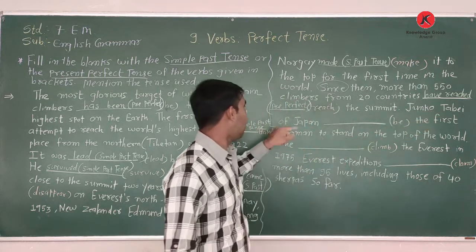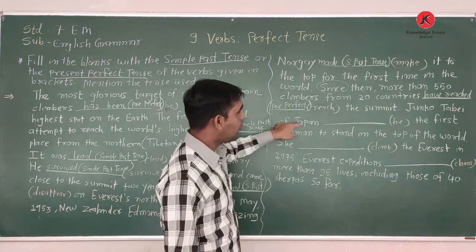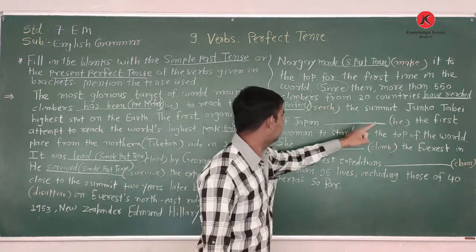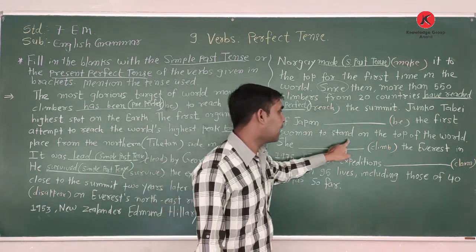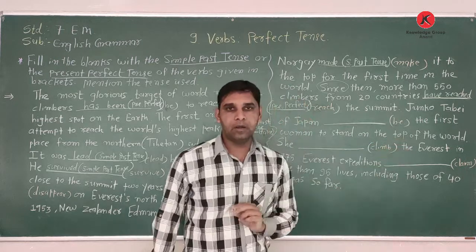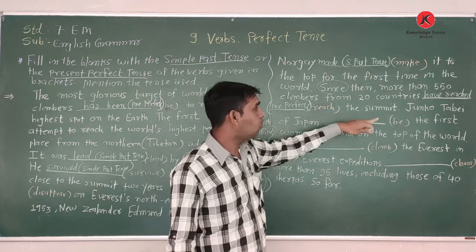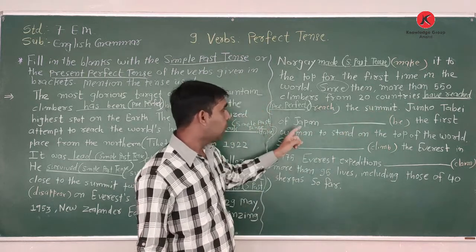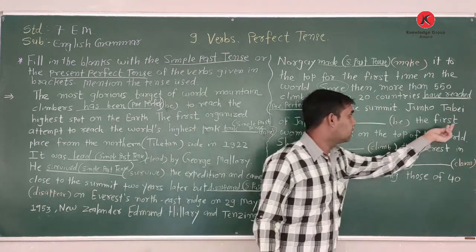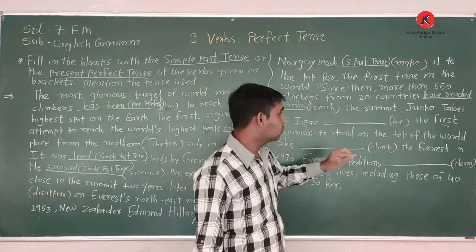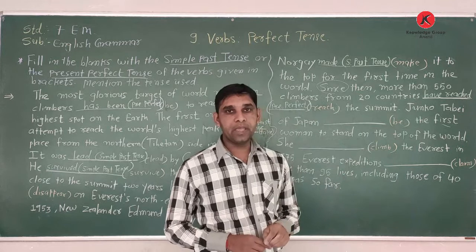Then the next: Junko Tabei of Japan blank the first woman to stand on the top of the world. Who? This is from Japan, Junko Tabei. Here the word given is first; the first time she went there. So here the to be form is given: be.